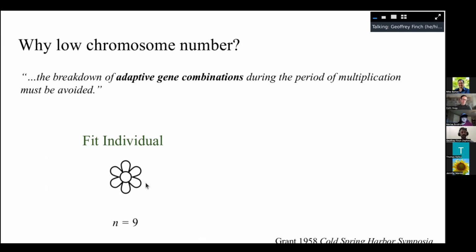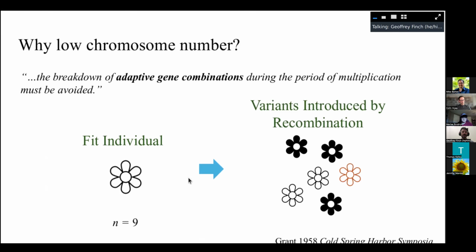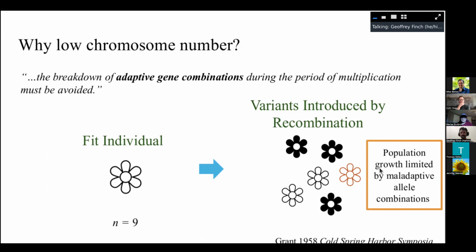If we think about a species with a typical angiosperm chromosome number of 9, natural selection is going to build up adaptive allele combinations in that population. If a high chromosome number individual then colonizes a disturbed habitat, due to recombination, a lot of new maladaptive allele combinations will be introduced. So the idea is that this will limit population growth.